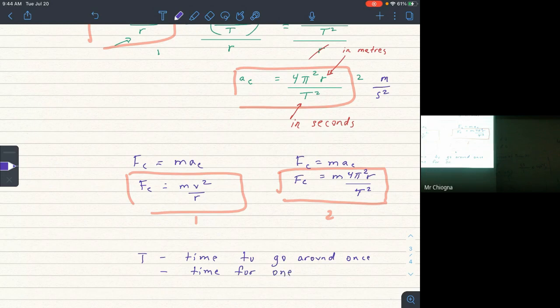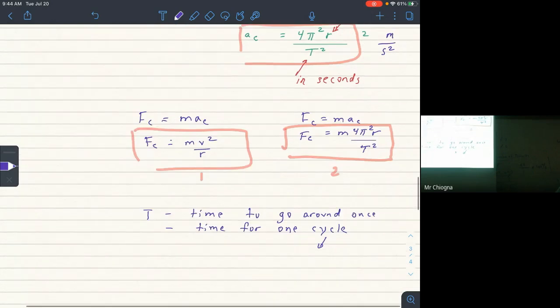You'll hear this a lot. What's a cycle? A repeating pattern. If you go around once and then another time, you repeated the pattern.